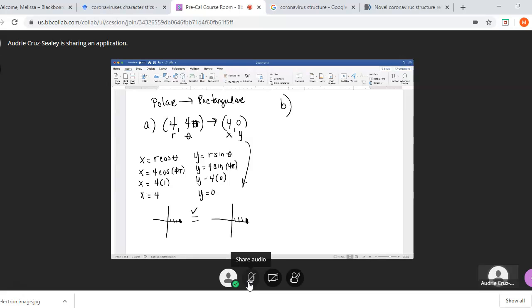Okay. B says -5, pi over 3. And I want to change it to a rectangular point, x comma y.